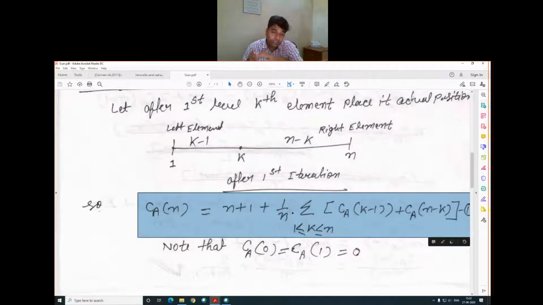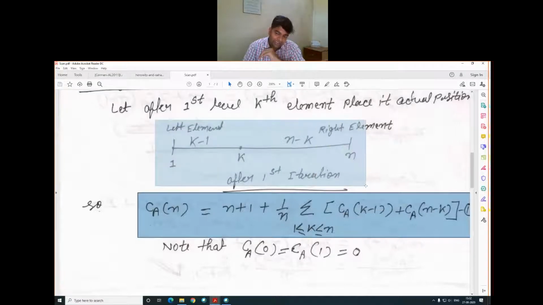The algorithm we have discussed, in the average case, is how we are making the mathematical equation. Now we are discussing further how we can reduce this equation into mathematical notation form. So after the first iteration, this is the average case analysis of time complexity, seeing this mathematical model in your mind.